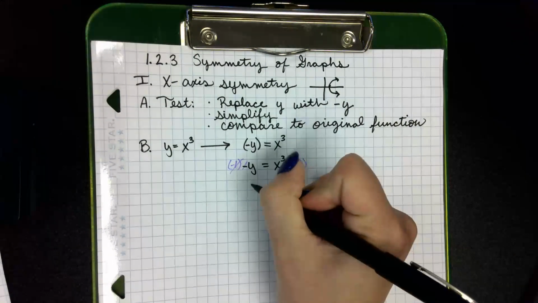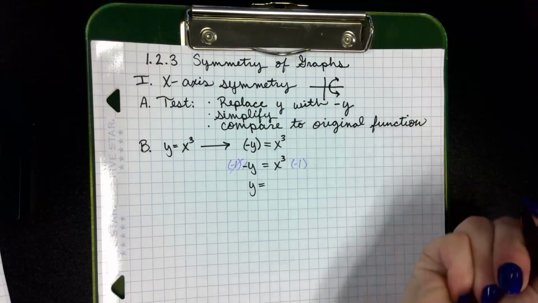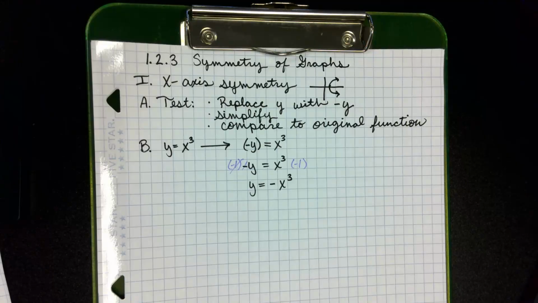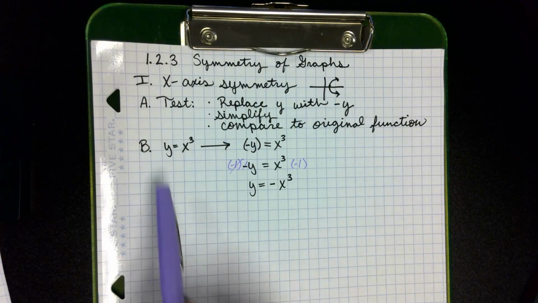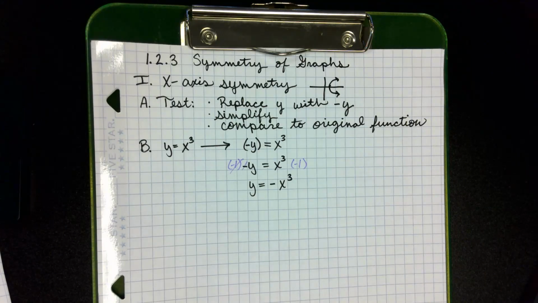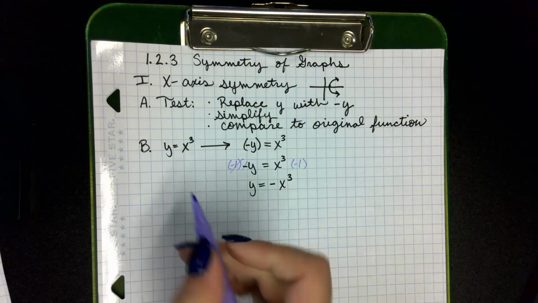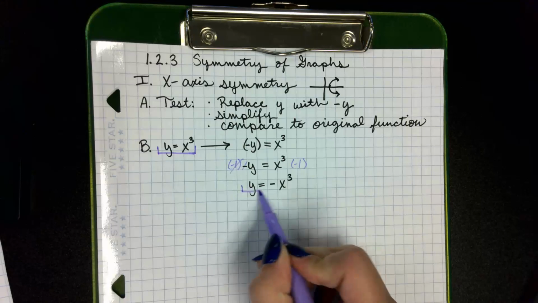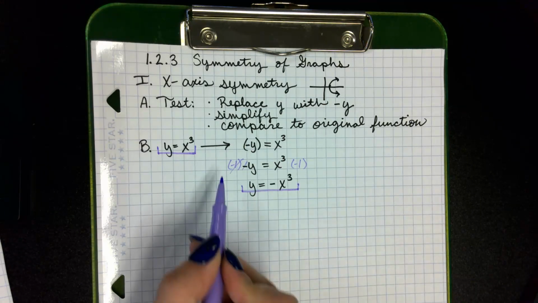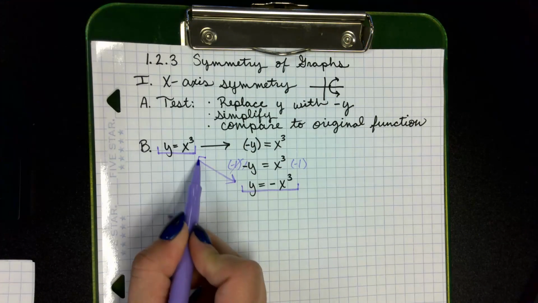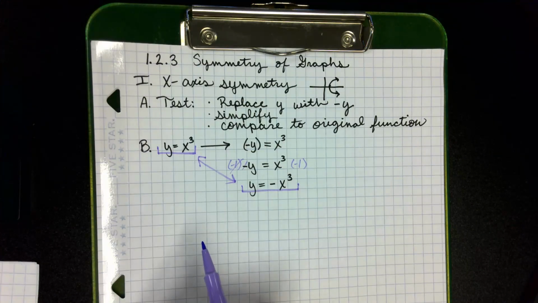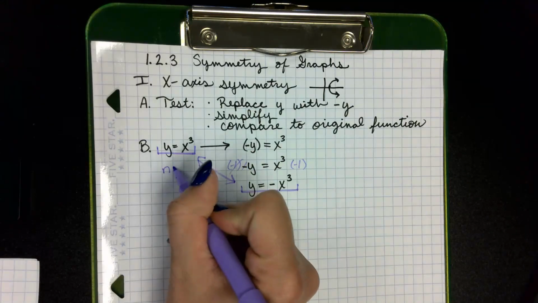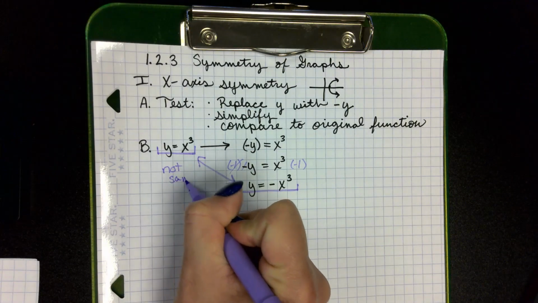So now we have a positive y on the left equals negative x to the 3rd power. So now the left side is the same. Now we're going to compare our original function to what we have. Y equals x to the 3rd power. Y equals negative x to the 3rd power. That is not the same.